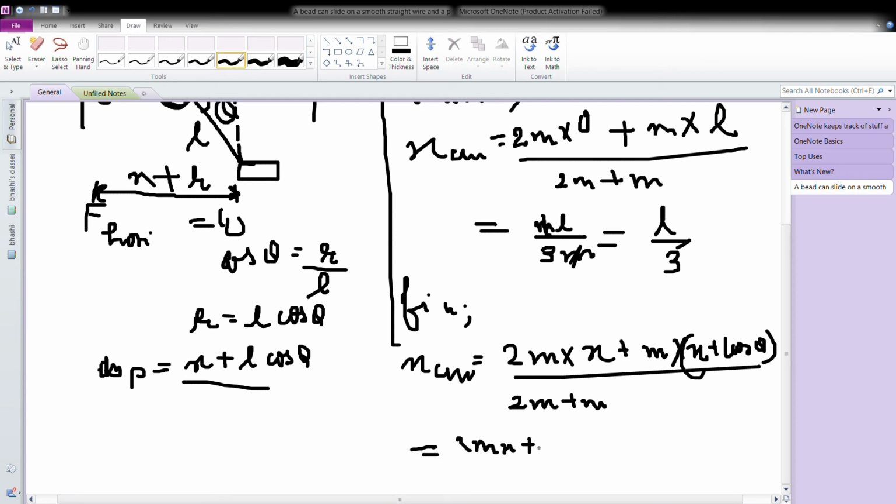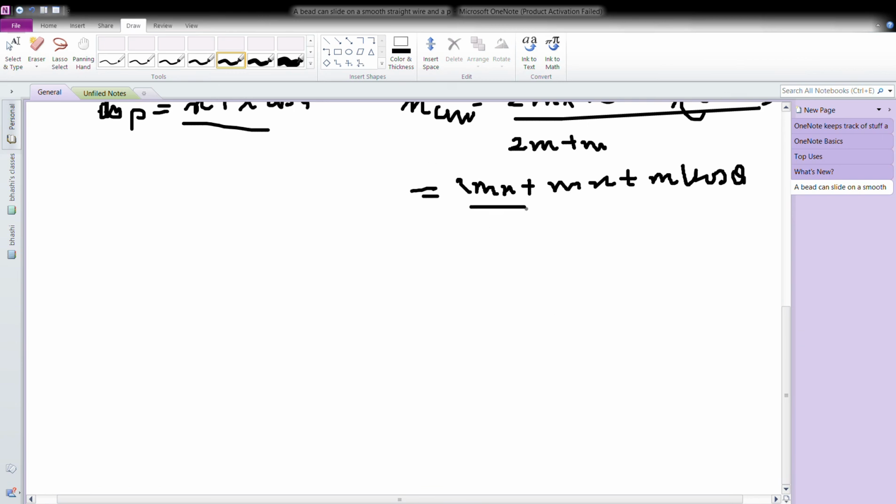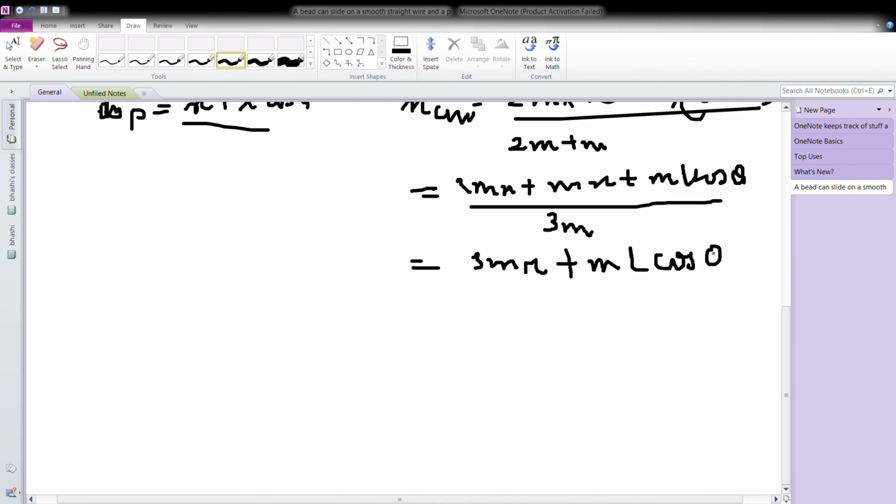So we have got 2mx plus, let's solve the bracket, mx plus mL cos theta, divided by 3m. Great. So 2mx plus mx is nothing but 3mx, plus mL cos theta, divided by 3m.